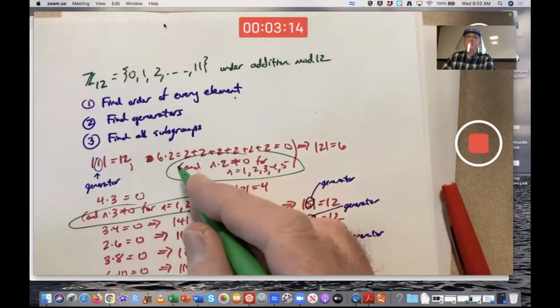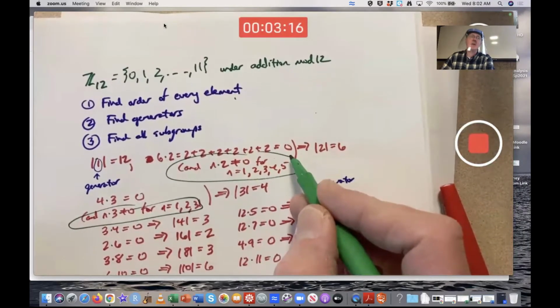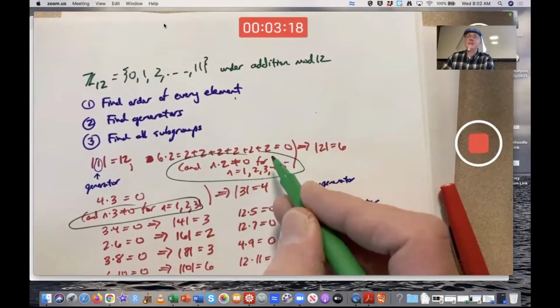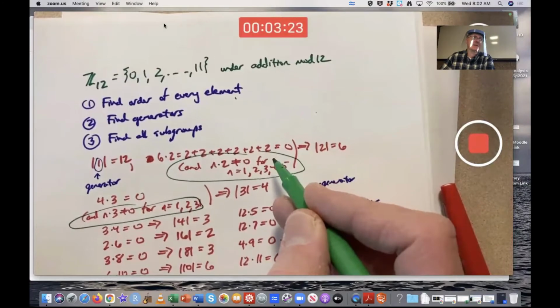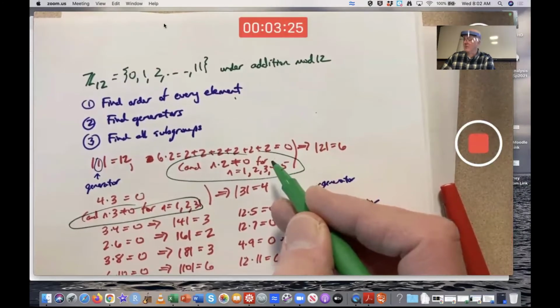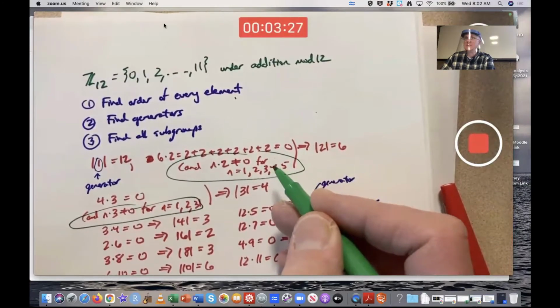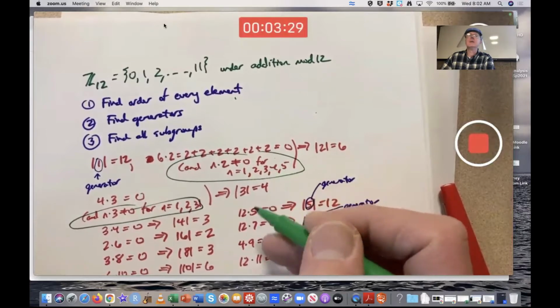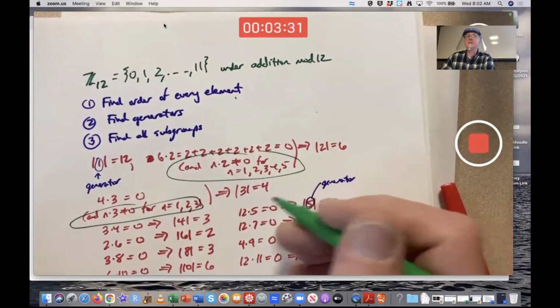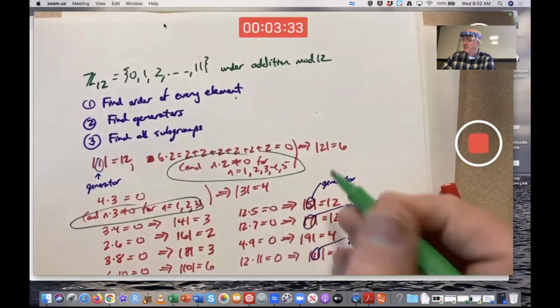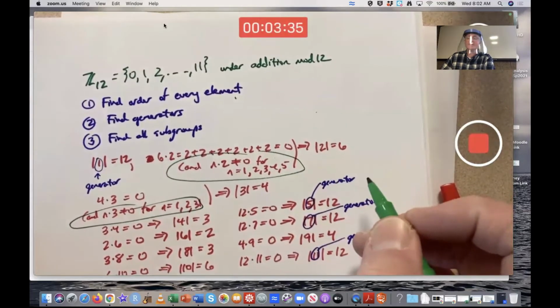2 has order 6 because, well, first of all, 6 times 2 is 0. 2 added to itself 6 times is 0. And because nothing smaller than 6 works. 1 times 2, 2 times 2, 3 times 2, none of those give you up to 12 to get you back to 0 mod 12. So the order of 2 is 6.